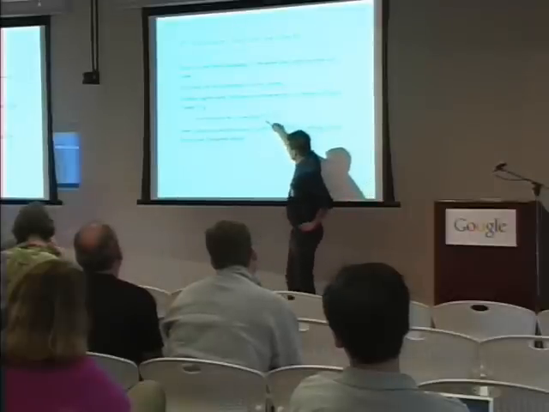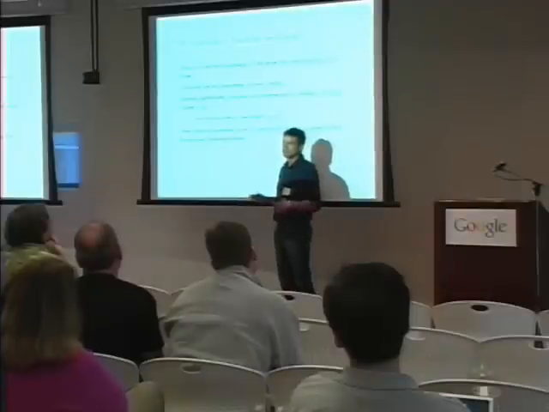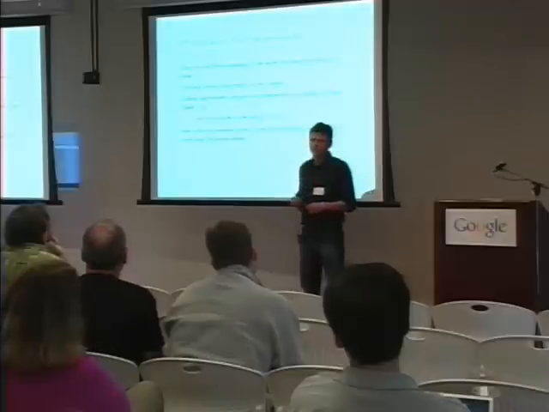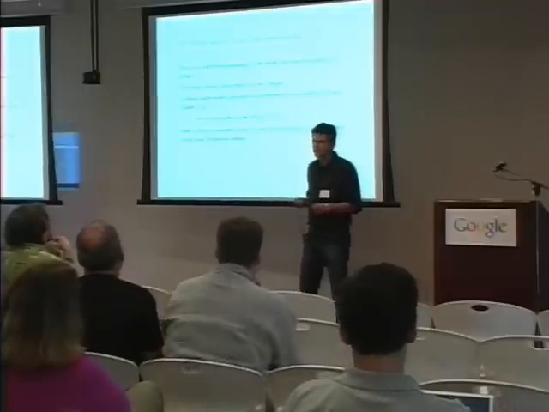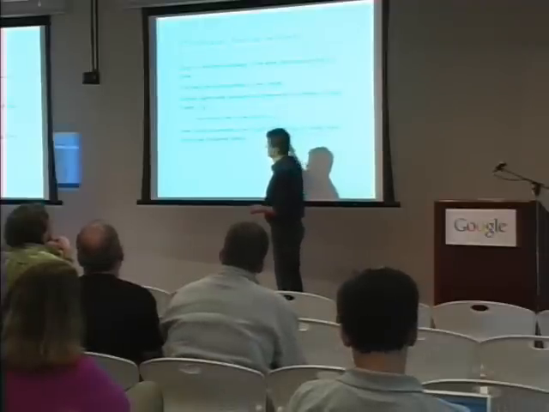So that's a partially applied function. That's just the equals method applied to the number 0. Even primitive operations like equals are methods in Scala and not implemented as such. In fact, a Scala program would be implemented almost the same way as a Java program, and it would have about the same efficiency. But for the high level, for the type system and compiler, equals is seen as a method.